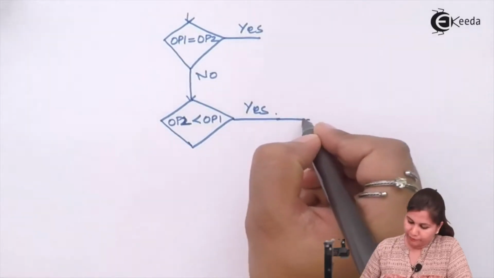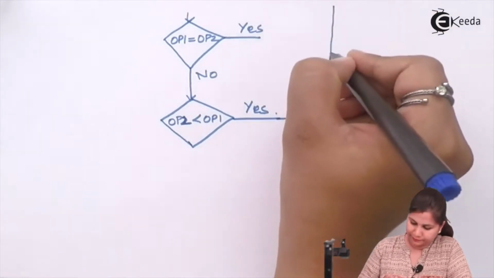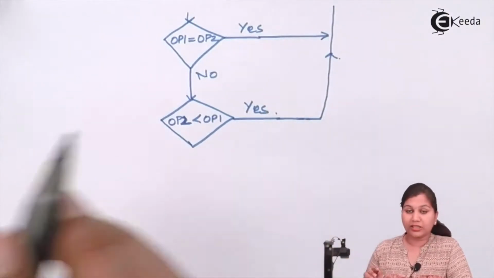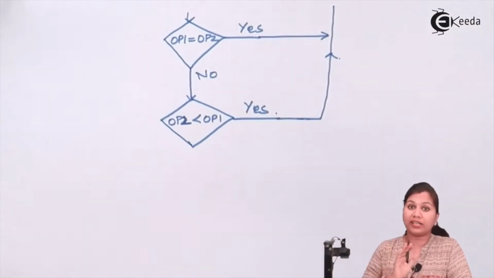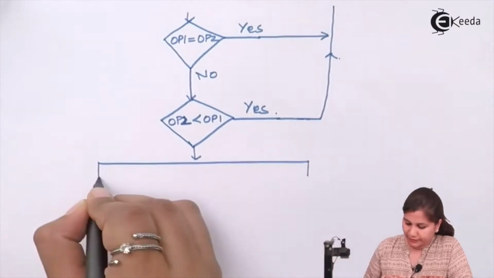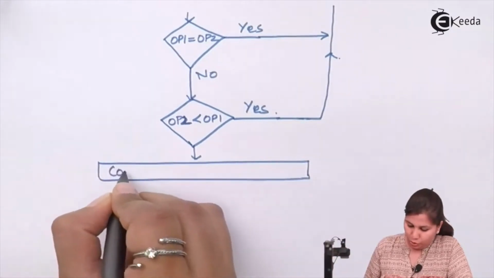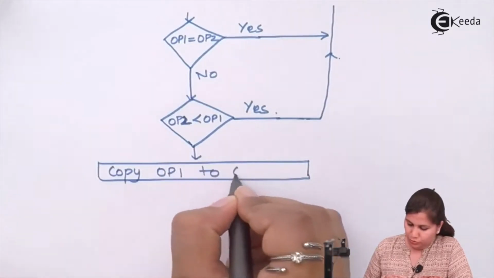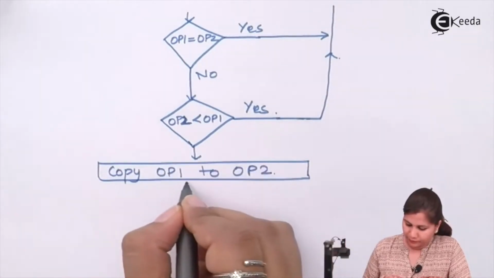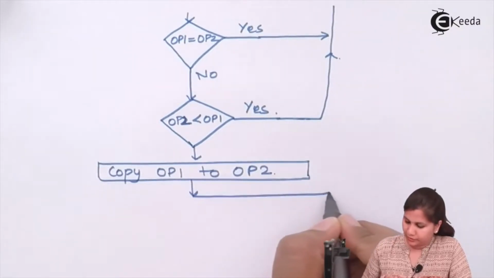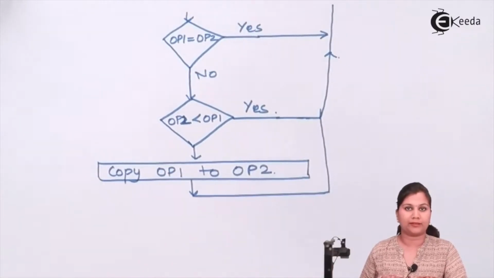So we will repeat our process. If the condition is reversed, that in register A we have the maximum number, then we have to change the contents, exchange them. So copy OP1 to OP2 and then repeat this process.